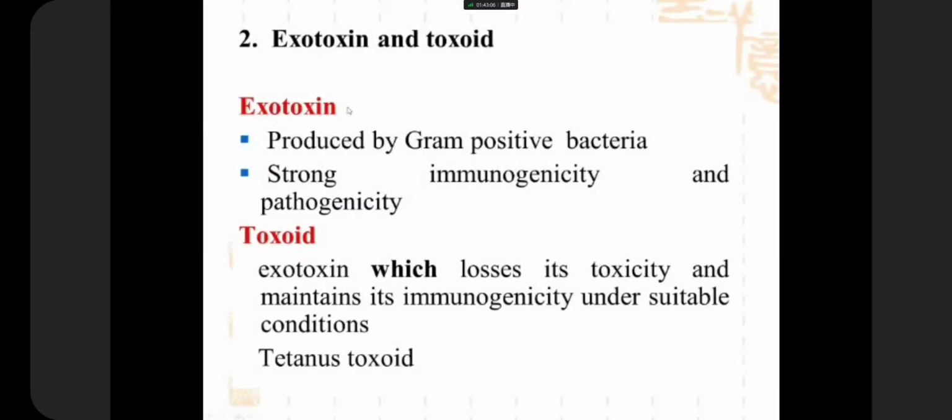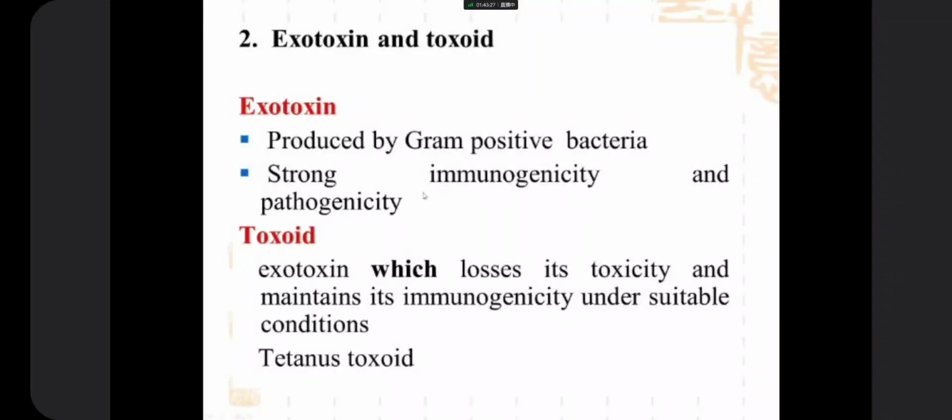Exotoxin, 外毒素, is produced by gram-positive bacteria. It has strong immunogenicity and pathogenicity.